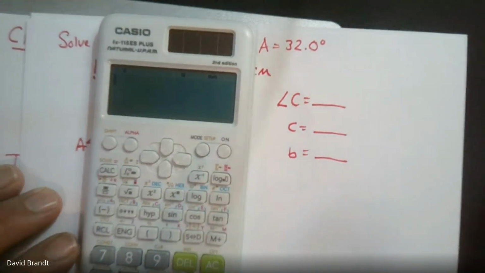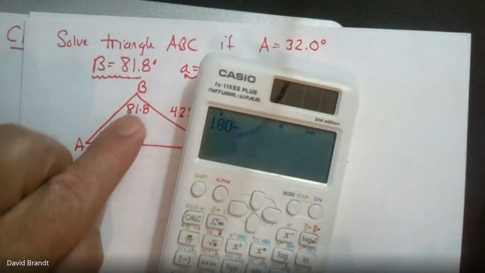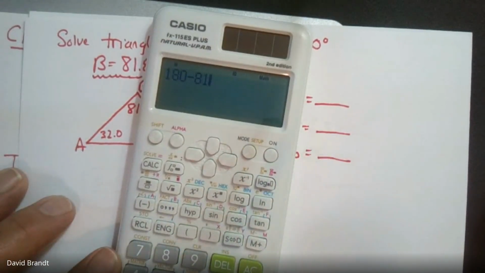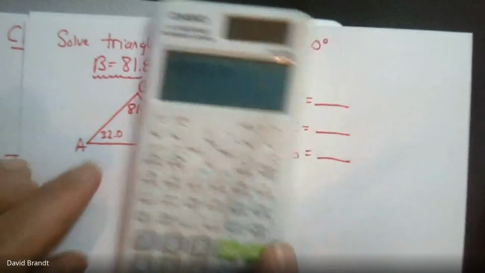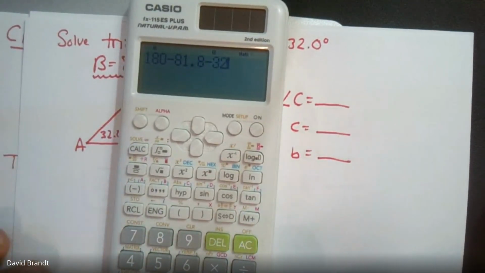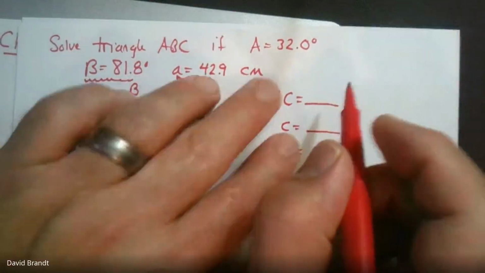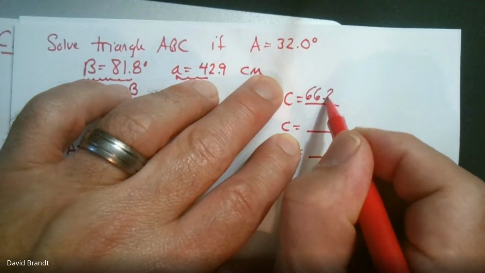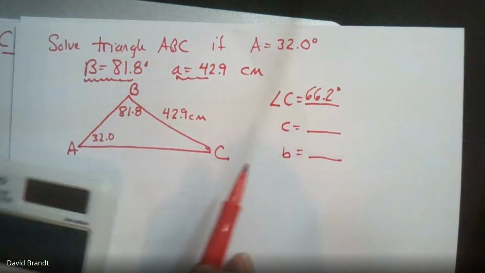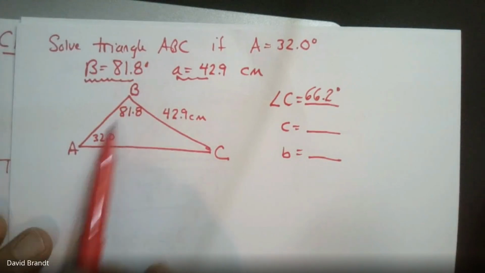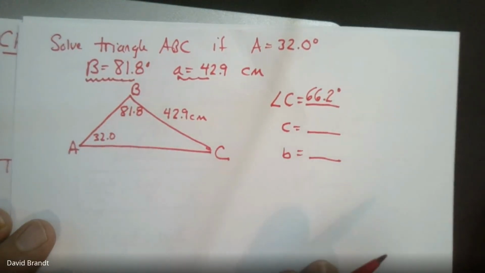So if you take your calculator, 180, and subtract the other two, minus 81.8 and minus 32, you get 66.2 for angle C. Again, how do we get that? We know all three angles add up to 180, so I just subtracted the other two from 180.